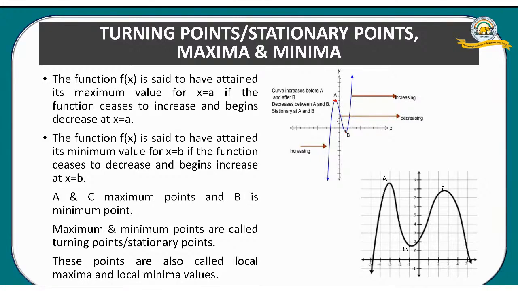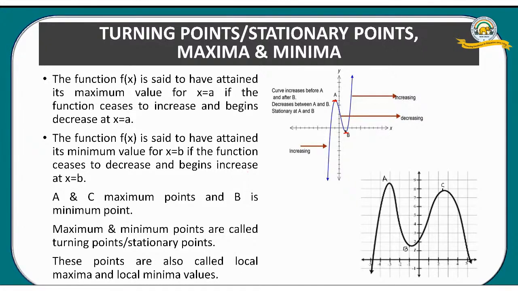And the function f of x is said to have attained minimum if the function ceases to decrease and begins to increase. So at point A, it ceases to increase and begins to decrease. Thereby, we say it is a turning point of maximum. And at point B, it ceases to decrease and begins to increase. Thereby, this turning point is a minimum point, we say.